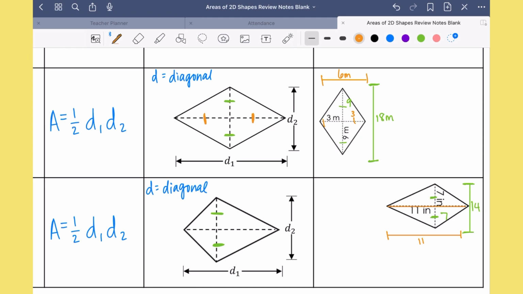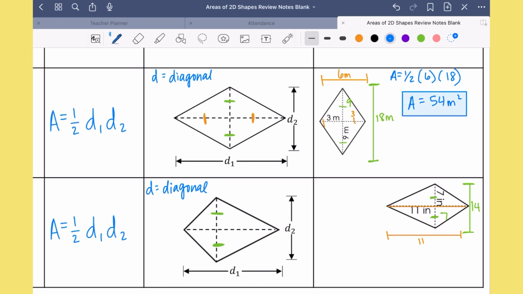Okay. So you see how drawing the segment outside of the shape kind of helps me finalize those dimensions, and now I can just go straight forward to my equation. So area equals 1/2 times my first diagonal, which is 6, times the second diagonal, which is 18. And that's going to give me 6 times 18, and then we half it. That is 54. And we're doing meters squared.